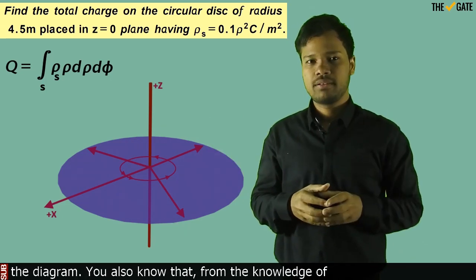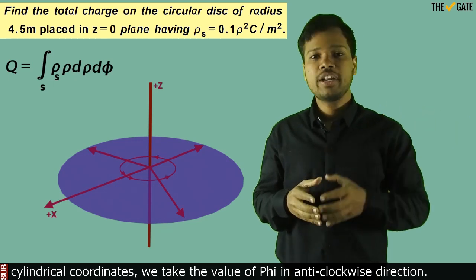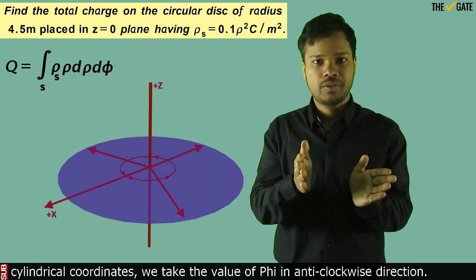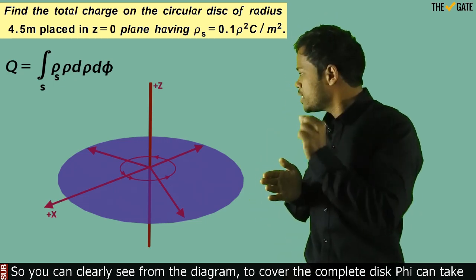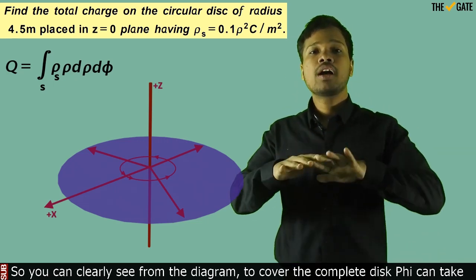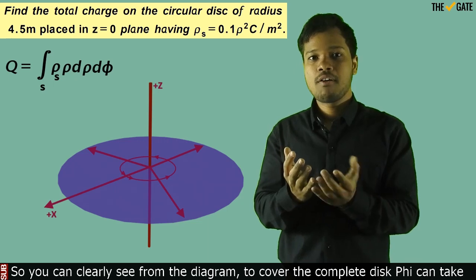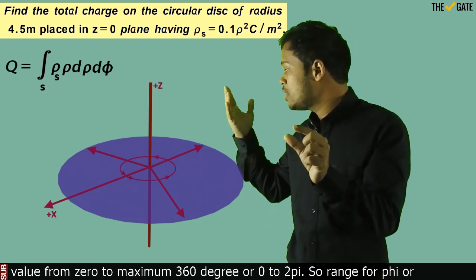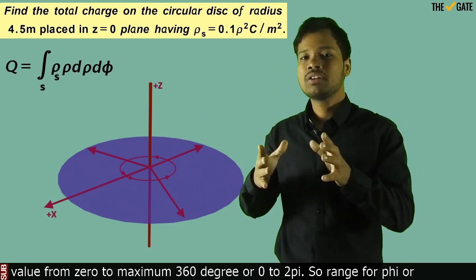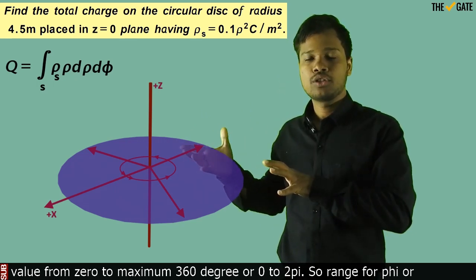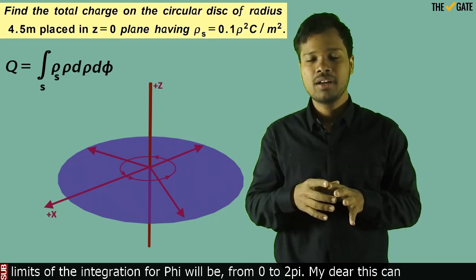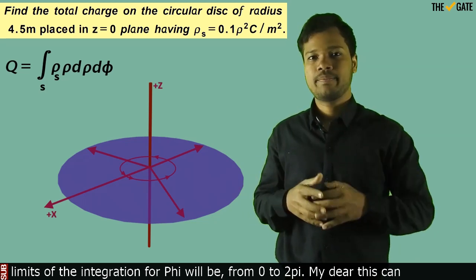You also know that from the knowledge of cylindrical coordinates, we take the value of phi in anti-clockwise direction. So you can clearly see from the diagram, to cover the complete disk, phi can take value from 0 to maximum 360 degree or 0 to 2 pi. So the range for phi, or limits of the integration for phi, will be from 0 to 2 pi.